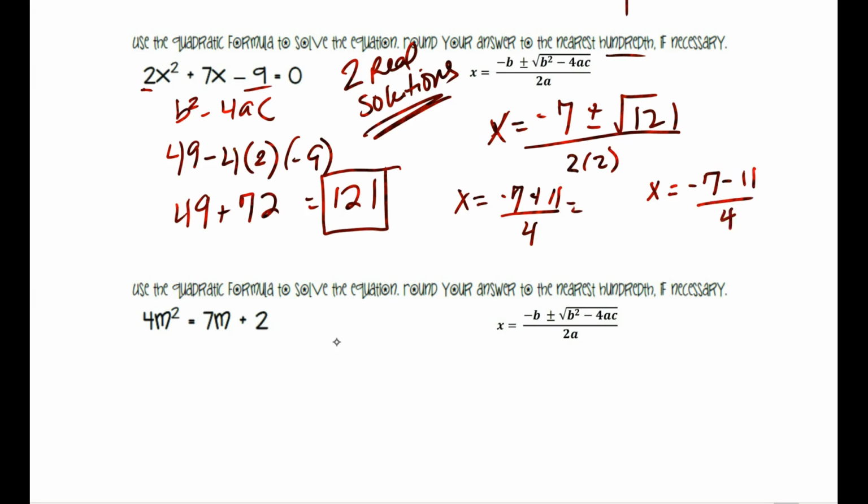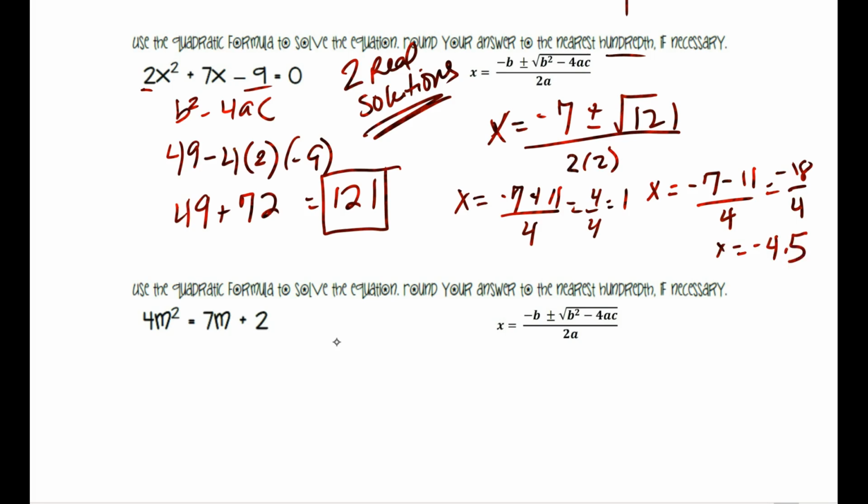So -7 plus 11 is equal to 4, and then 4 over 4 is equal to 1. Woohoo! And then -7 minus 11 gives me -18 over 4, which gives me -4.5.